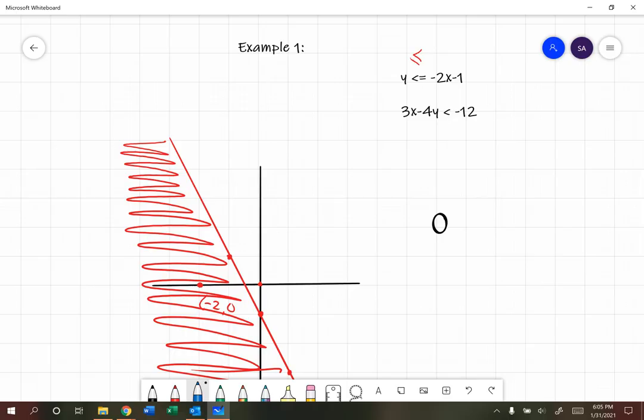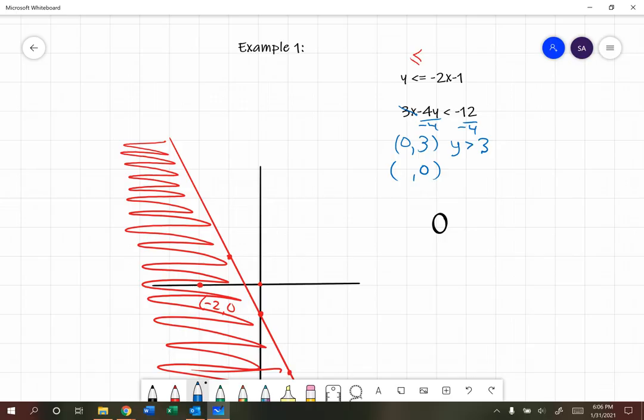Since we did one in slope-intercept form, I'm going to do this one using my intercepts that we learned earlier this year. So if x is 0, I have negative 4y is less than negative 12, so I divide by negative 4. So then I would get y is greater than 3.